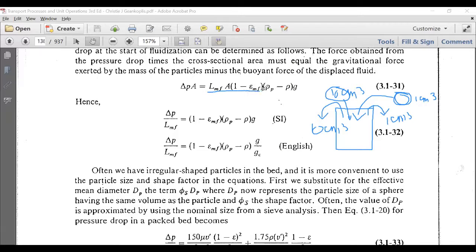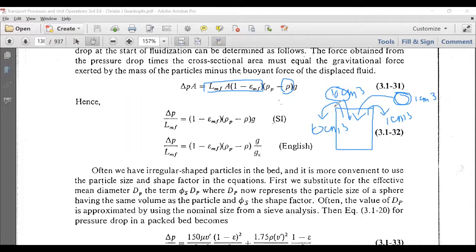So actually it's the same; it's the volume of the solid, right? The volume of the solid is this value, LMF times A times (1 minus epsilon MF). But I want to change it to mass, so I need to multiply it with the density of the liquid, not the solid.